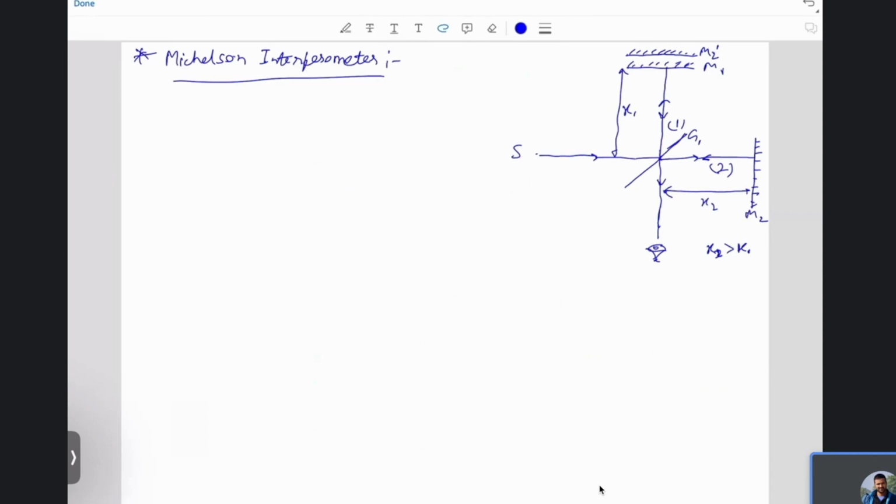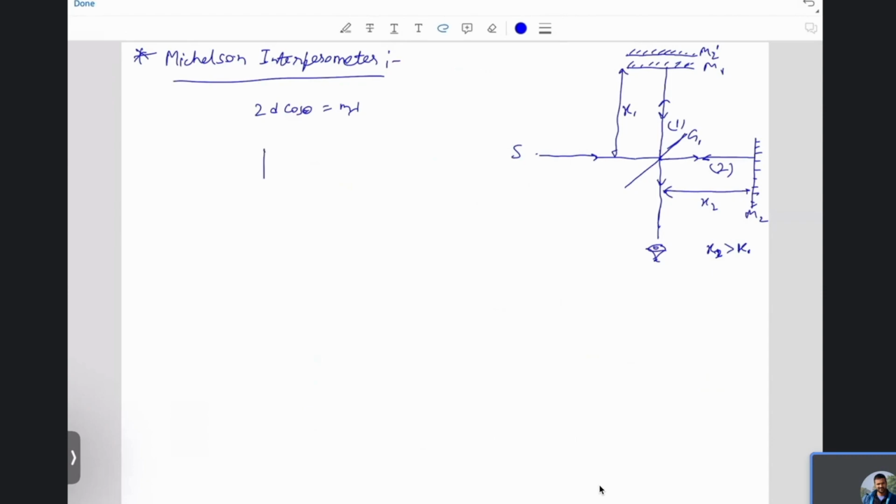Okay, and here the condition for destructive interference is given by 2d cos theta equal to m lambda. Now what is this cos theta? So this cos theta is simply, let me draw.